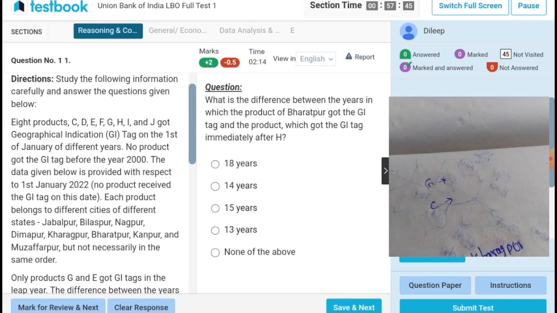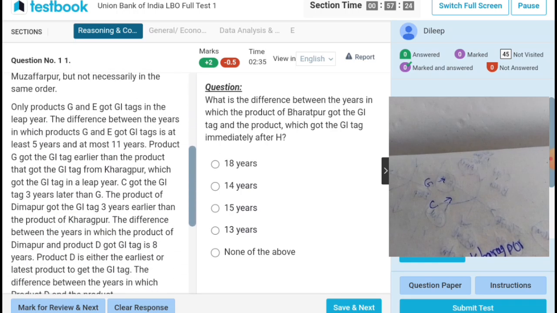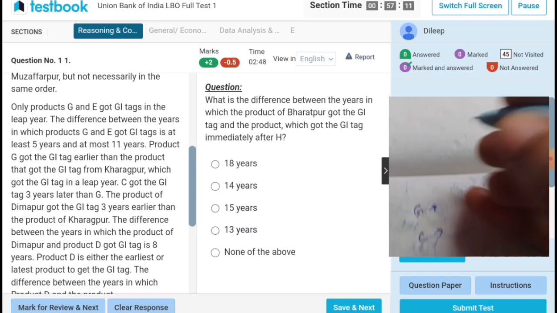I think 2000. So 2000 and 2004, 2008, 12. So the difference between G and E is at least 7 or at most 11. I think G is 2000.